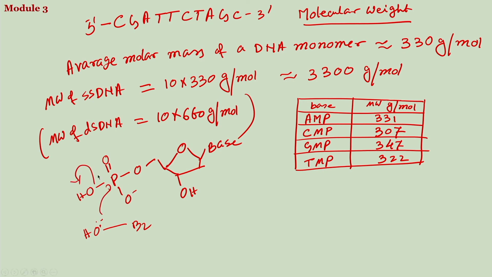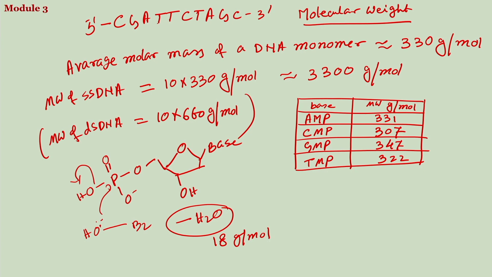That is why you are getting the phosphodiester. So, one water molecule is released, which has the molecular weight of 18. So, you have to sum up all the individual nucleobases in terms of the monophosphates, and then minus that many number of phosphate bonds multiplied by the 18, that will give you the correct result.